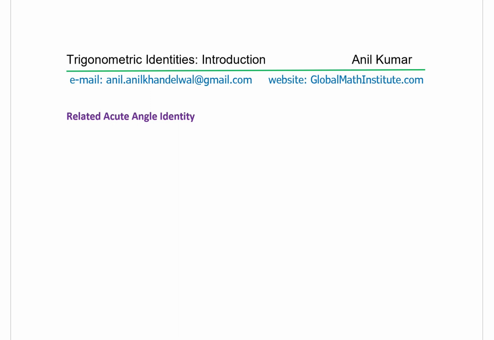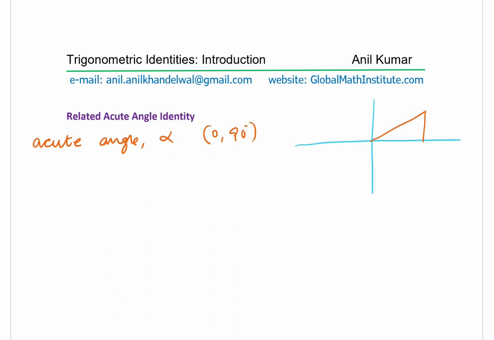While solving equations, we did refer to related acute angles. Here is a quick review. Always, an acute angle is within 0 to 90 degrees. Let's say acute angle, which we normally denote as alpha. So we know alpha is between 0 and 90 degrees, so somewhere in this quadrant, right?